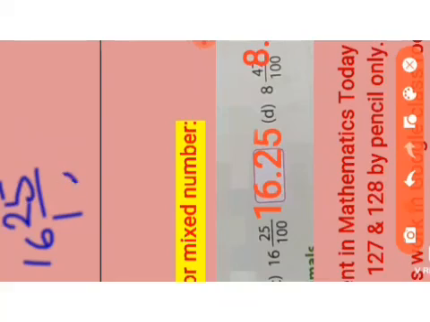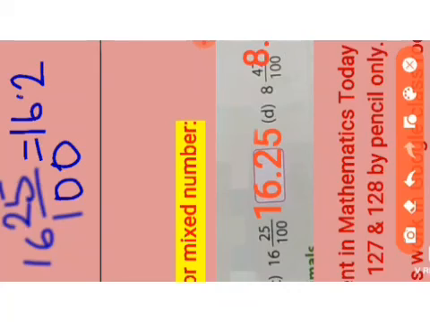You will place the decimal just before 2 digits as it is 100 in the denominator. So before the decimal there will be 16 undoubtedly, because the whole number is 16, and after the decimal part will be 0.25, because here is 100 and in the numerator 2 digits, so place the decimal before the digits.